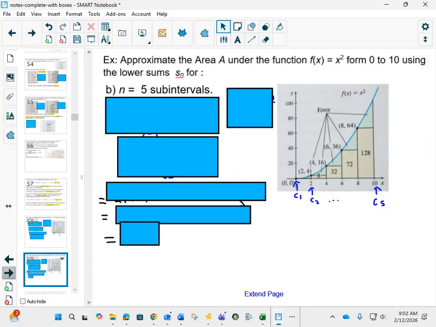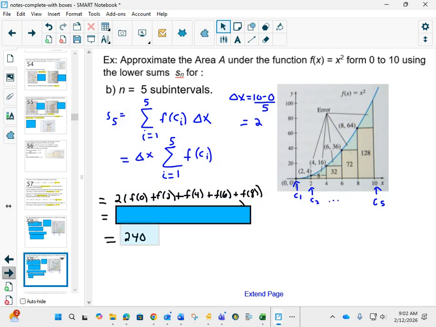We did 5 subintervals. Now the width of each of those subintervals is 2. And because our function is increasing, it's always going to be the left side for your lower sums.